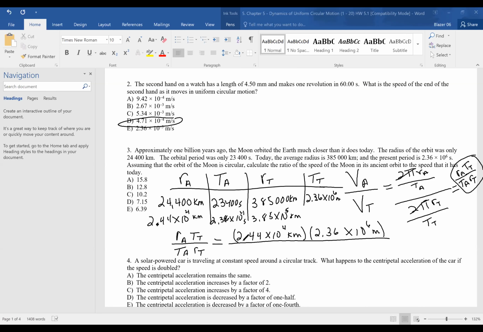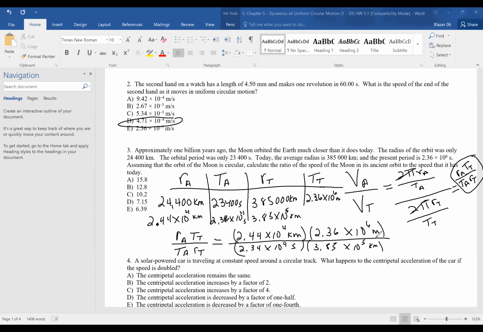We have 2.34 times 10 to the 4th seconds. And we have R T, which is here, 3.85 times 10 to the 5th kilometers.